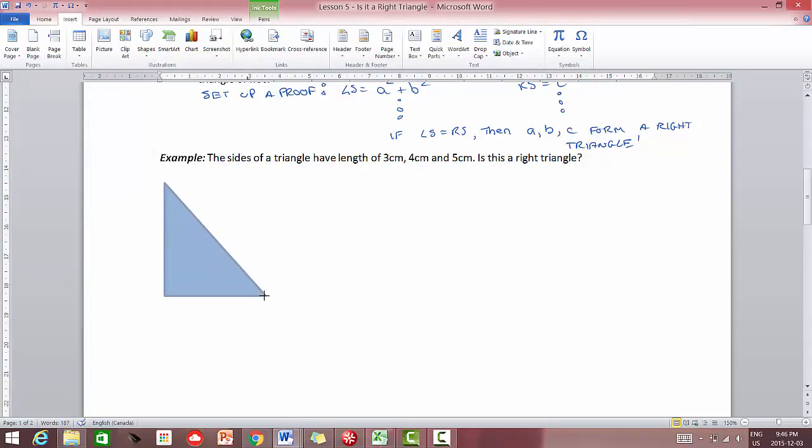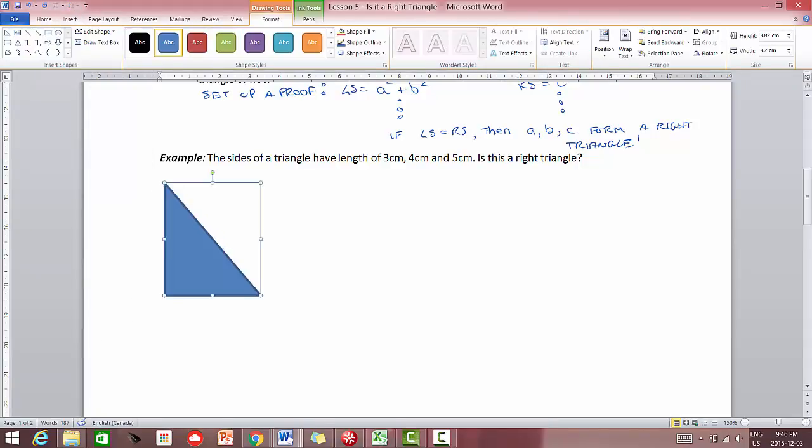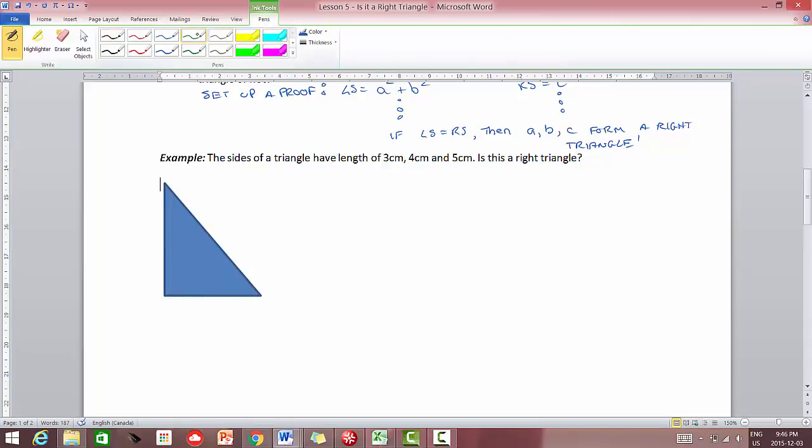So we're just going to draw out a triangle here, and we're going to take our pen and label it. We have to ask ourselves which side is actually which. We have 3, 4, and 5. We have a right angle here, but where do those numbers actually go? What we talked about already is that the side directly across from the 90 degrees is the hypotenuse.